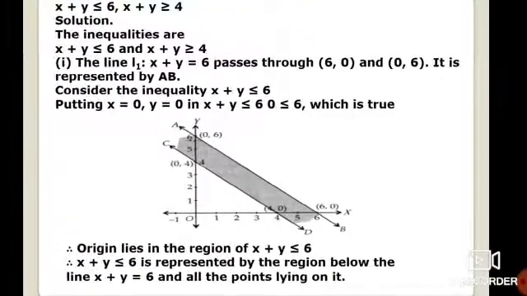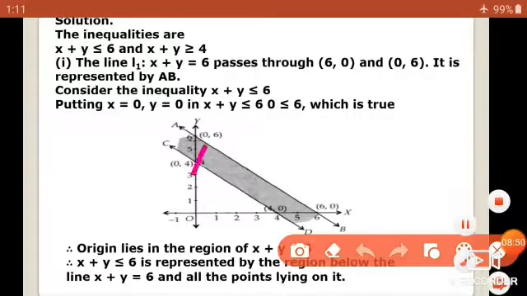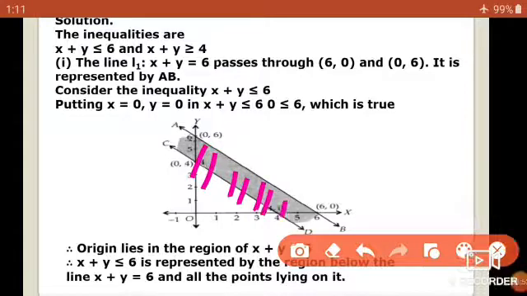Next one, x plus y less than or equal to 6, x plus y greater than or equal to 4. First take the equation x plus y equal to 6 and plot the points, that is 6, 0 and 0, 6. Now check by putting 0, 0 in the equation: it is true, so you will shade towards the origin. The second one, x plus y equal to 4, gives the points 0, 4 and 4, 0.